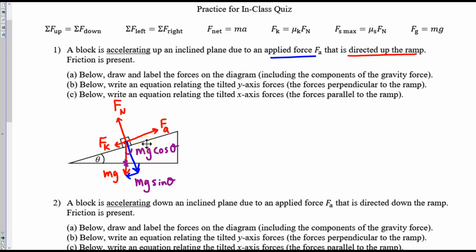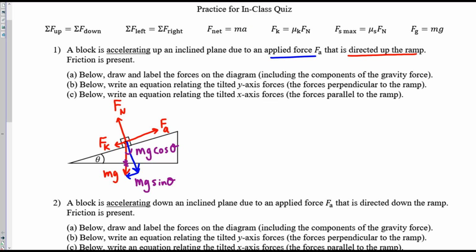Okay, we're finished with our pictures, our force diagram. When we write an equation for the y-axis forces, we have to remember the block is not accelerating up off the ramp. It's not accelerating down into the ramp. And so the Fn, the up force, must perfectly cancel mg cos theta pointing down that axis.